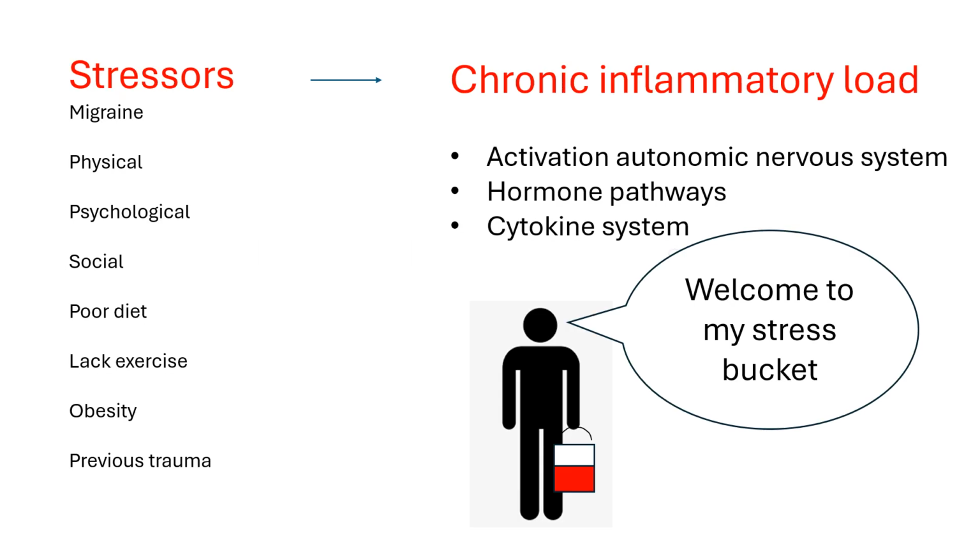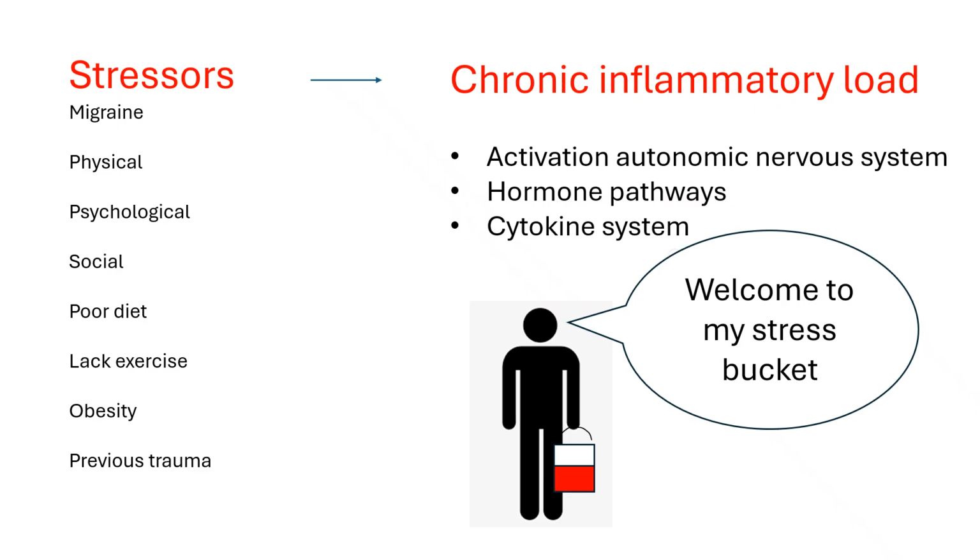So here's the simple picture for the story for our patients. They have a number of stressors in life which cause chronic inflammation. Migraine itself is a stressor. Migraine is an inflammatory condition, and many other areas of life are also chronic inflammatory conditions. And I like to think of this as filling our stress buckets.